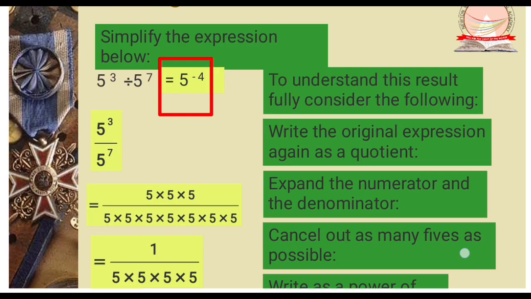So, if we have this expression, 5 raised to the power of 3 divided by 5 raised to the power of 7, this can be re-expressed as 5 times 5 times 5 over 5 times 5 in 7 places. So if we cancel out 5 from the numerator and 5 from the denominator 3 times, we're going to be left with 5 times 5 times 5 times 5 in the denominator.